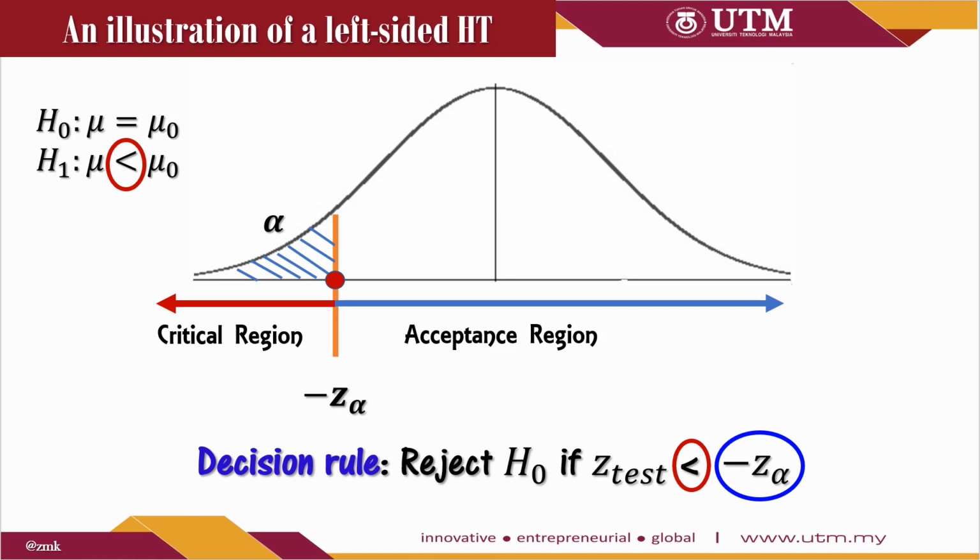However, if Z test falls in the acceptance region, that is, if Z test is larger than the negative Z alpha, we can decide not to reject H0, or we fail to reject H0 and hence conclude that we do not have sufficient evidence from the sample data that mu is less than mu naught. Or we can simply say we do not have enough evidence to conclude that mu has decreased in value.